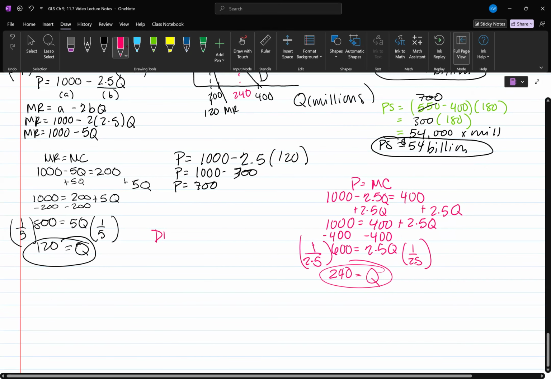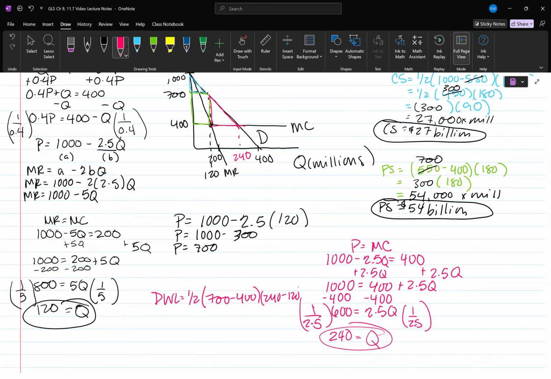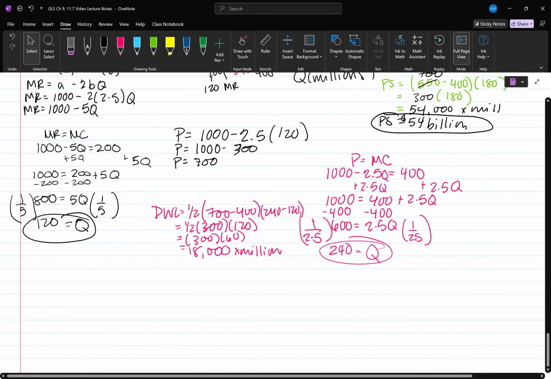So our deadweight loss triangle then, the area of it will be 1/2 times 700 minus 400 times 240 minus 120. So that gives us 1/2 times 300 times 120. Half of 120 is 60, so you get 300 times 60, which gives us 18,000 times the million that our units are measured in, and deadweight loss is $18 billion.